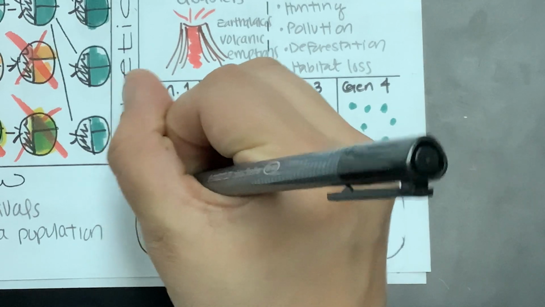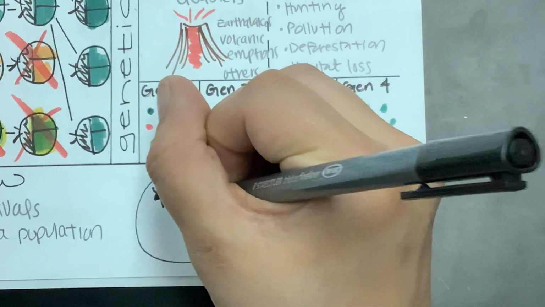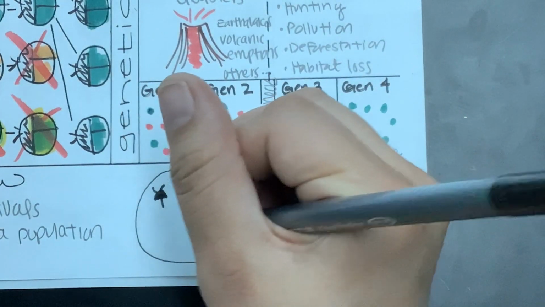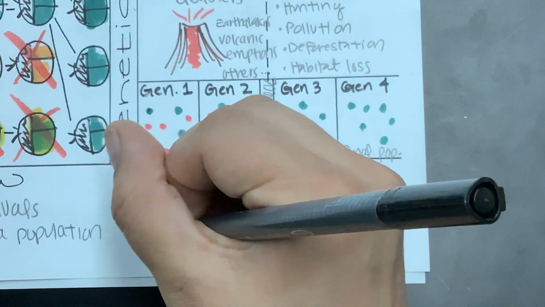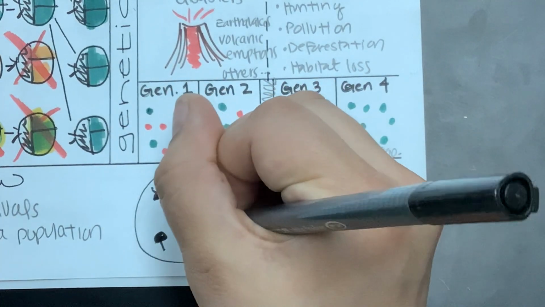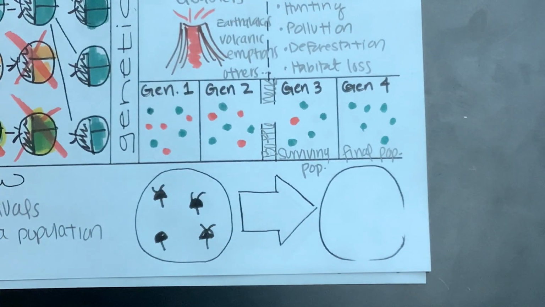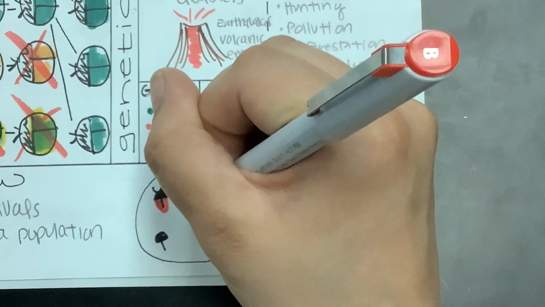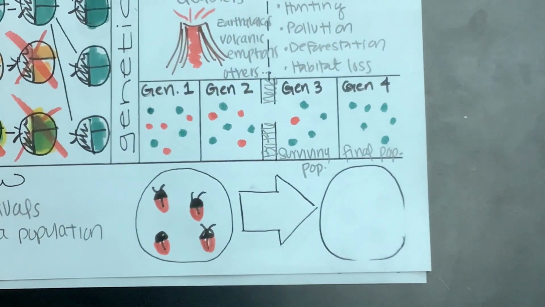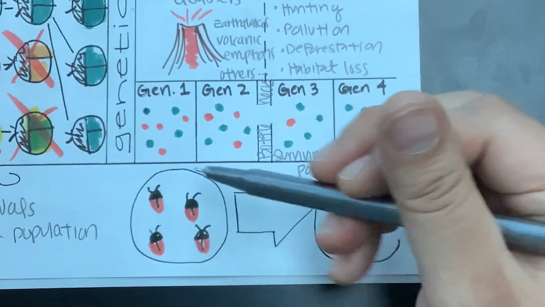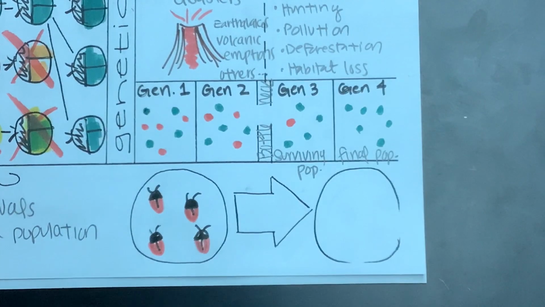let's see, we've already used our orange ladybugs and our green and our red, but pick the two colors that you want to use. You can keep using the same ones, it doesn't matter. I am just going to use red because I have it handy here. Okay, so let's say you had these really cool red ladybugs, and then suddenly one of them moved over to a different population.